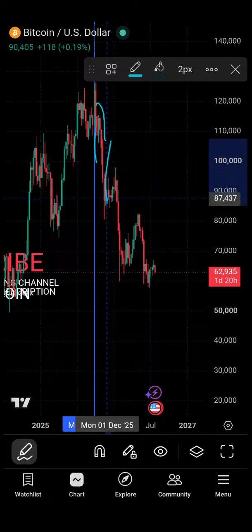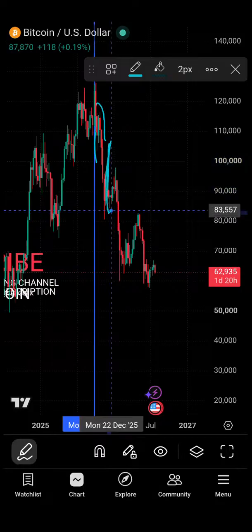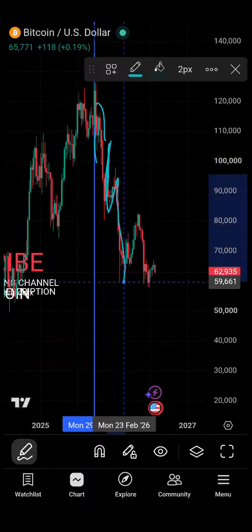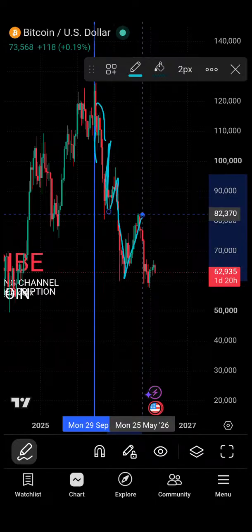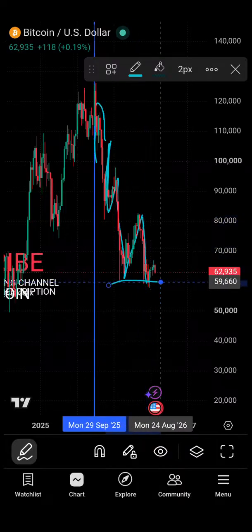Bitcoin has been in a downtrend, creating lower lows, lower high, lower low, lower high, and we have a lower low. We have a break of structure here.